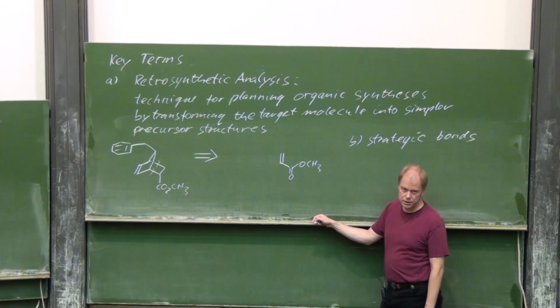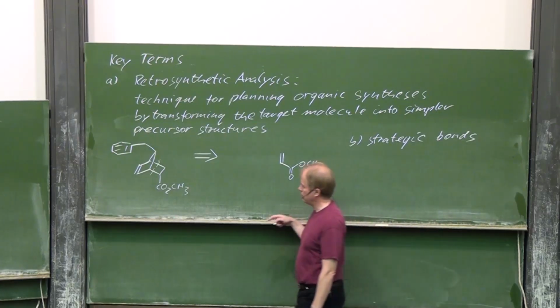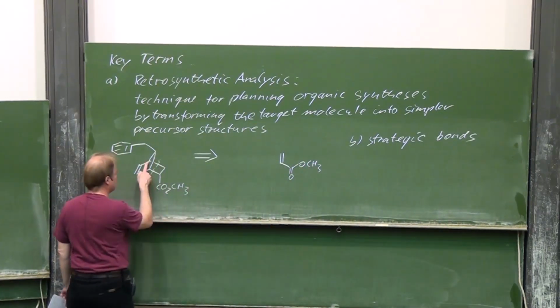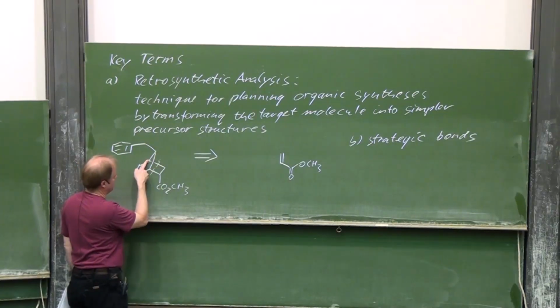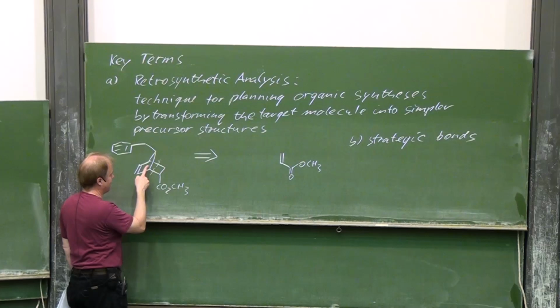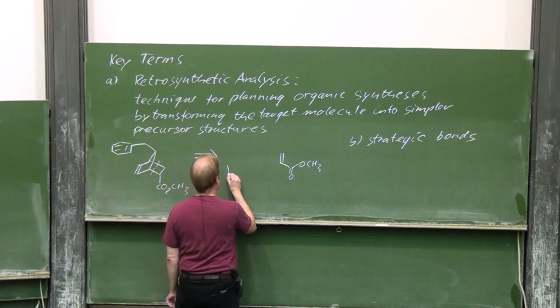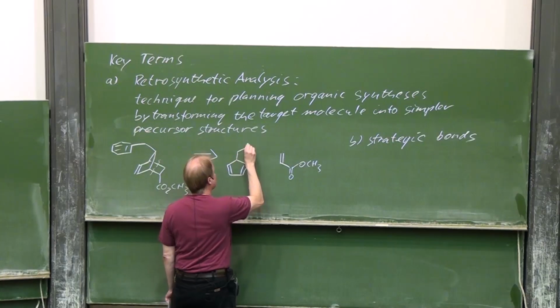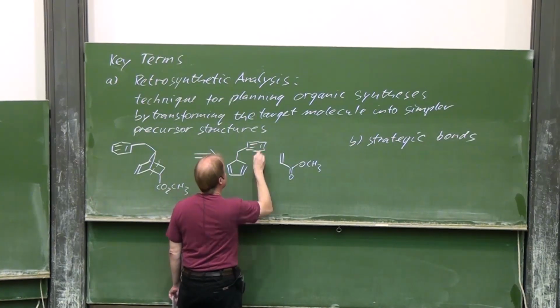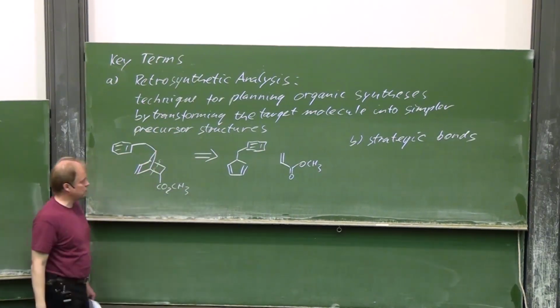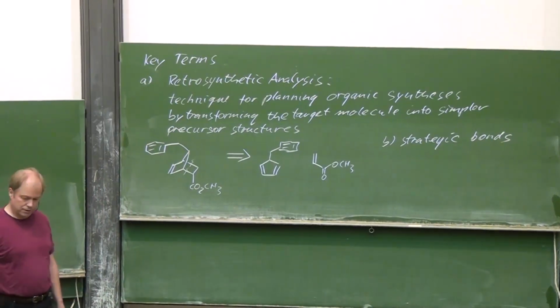well, acrylic acid methyl ester, and on the other hand, well, if we have then here a radical center, here a radical center, then of course a butadiene moiety is formed here. And well, just draw that and you will find out that we are dealing with a substituted cyclopentadiene.